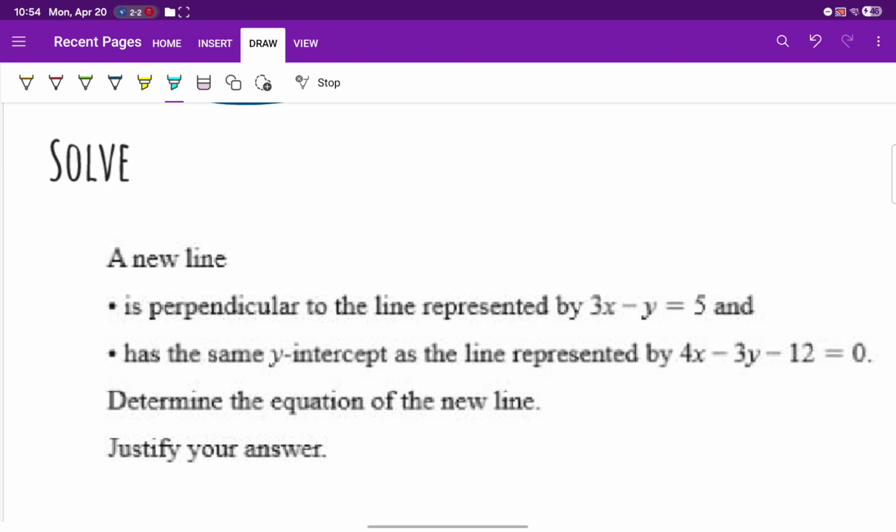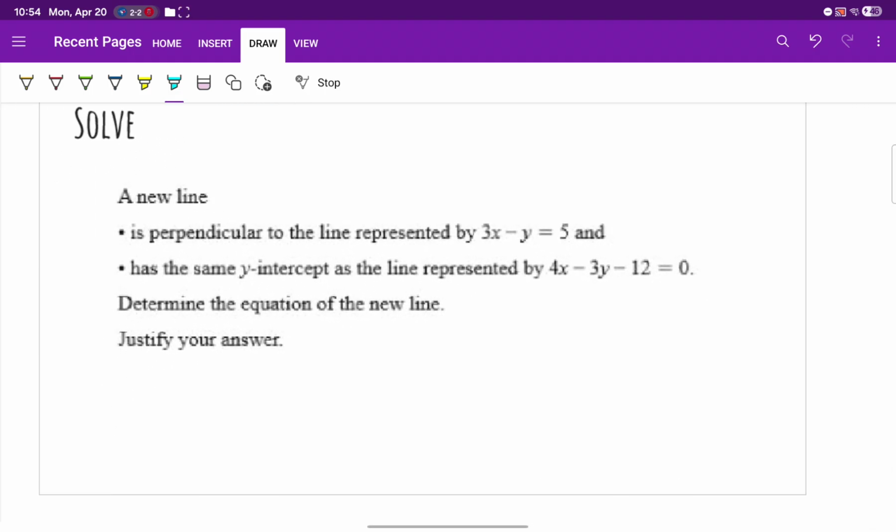So this question says, a new line is perpendicular to the line represented by this equation. And then it says it has the same y-intercept as the line represented by this.